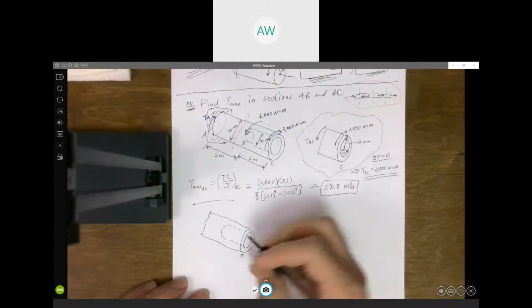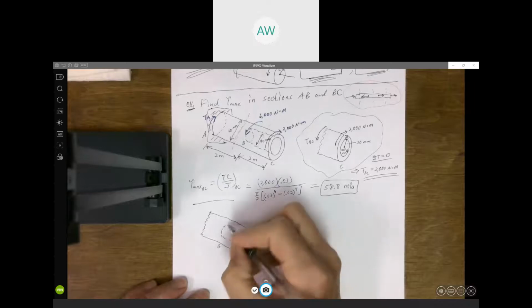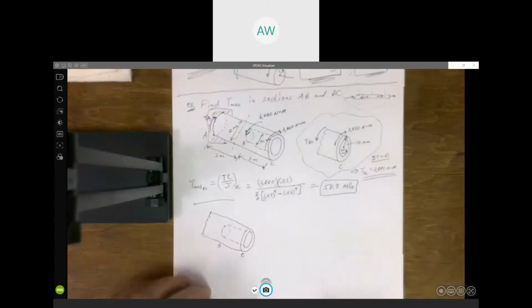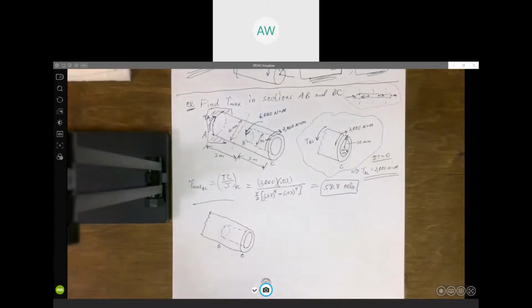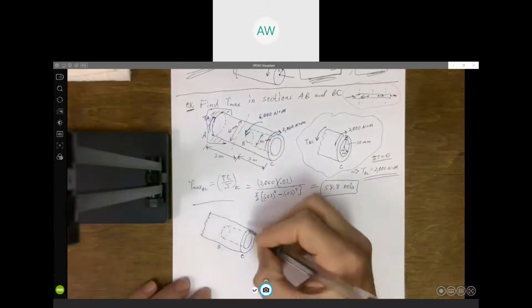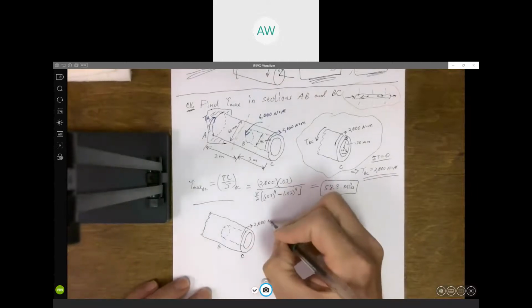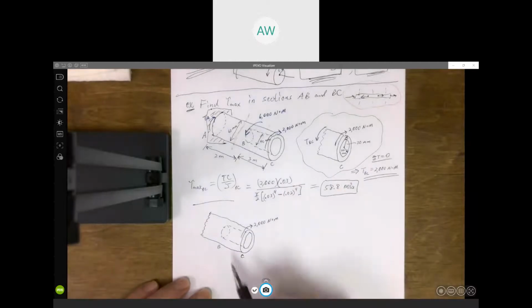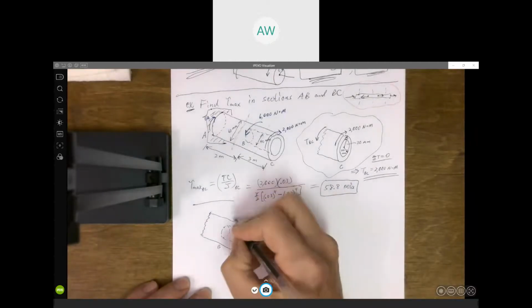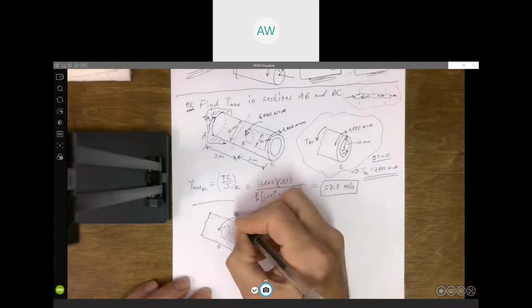Again, this was C, this was B, and then we cut it between A and B. And we had 2,000 Newton meters in that direction. And here at B, we had 6,000 in the opposite direction.